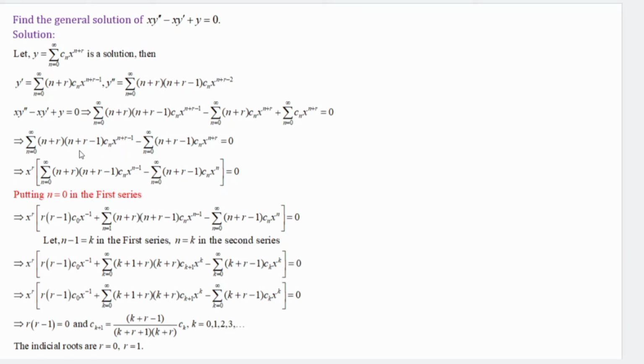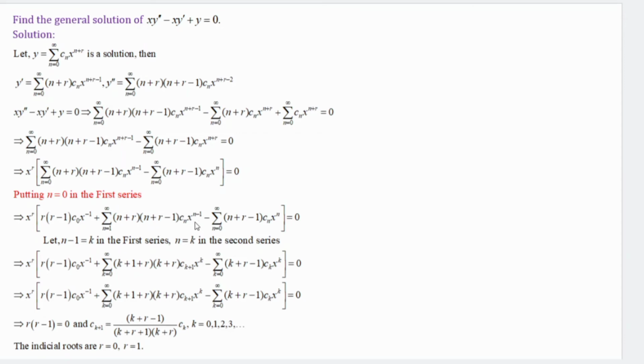That's why from this series we take out one term, n equal to 0, then we get this one. Then the series starts from n equal to 1. Now here also, this is same as before, nothing changed.